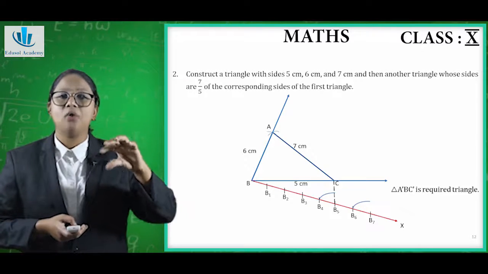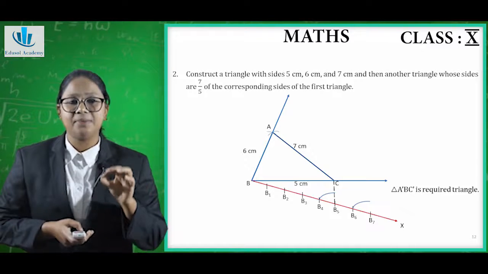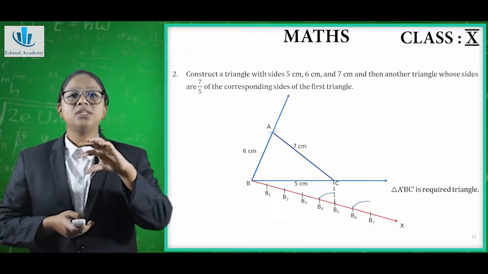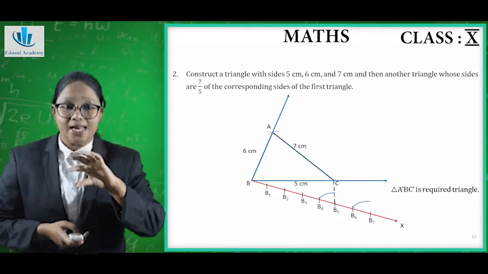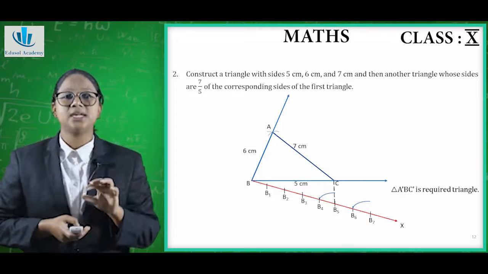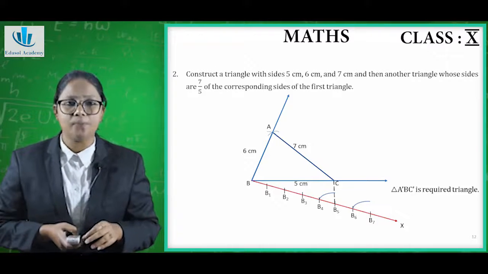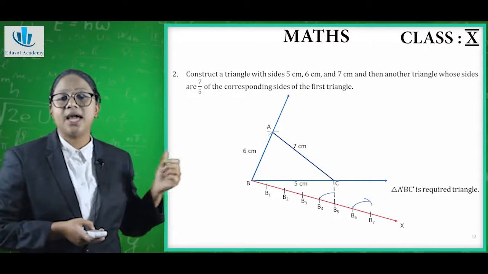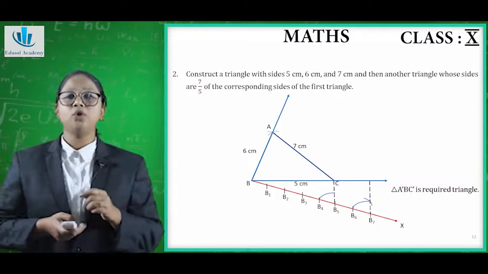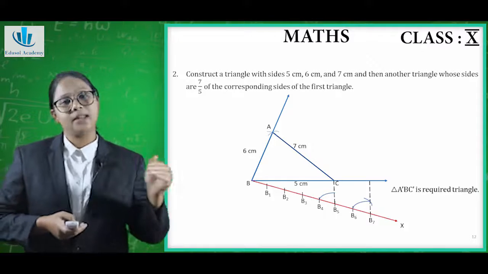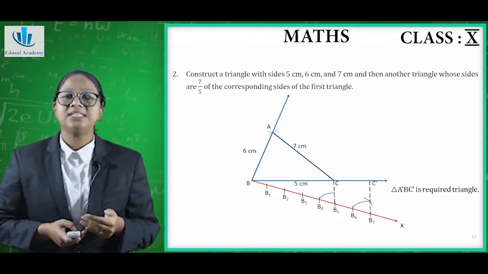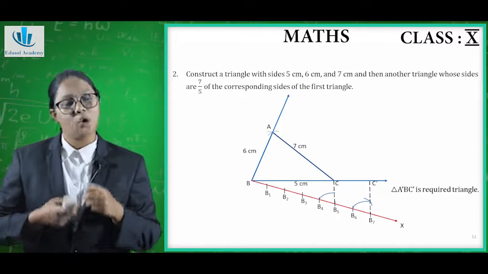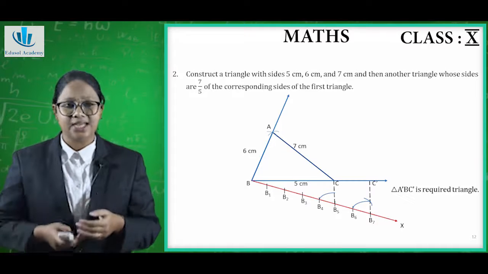Now take the width of the line B5C and B4, B5. Draw an arc with B6 as center on the previously drawn arc. Then join B7 to the intersection point of the arcs as you can see now. Now you got a new point along the line BC. Name it C dash, that is one vertex of our required triangle.